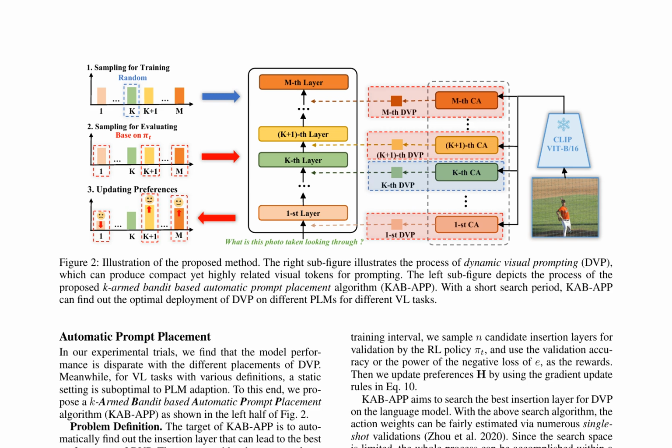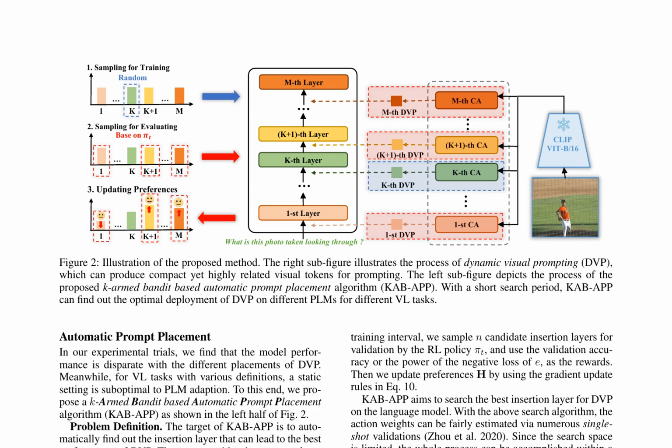The authors propose a novel approach to automatic prompt placement for visual language tasks, leveraging a K-armed bandit-based algorithm called KABAPP. This method dynamically searches for the optimal layer to insert dynamic visual prompts, DVP, into pre-trained language models, PLMs, to achieve the best performance.